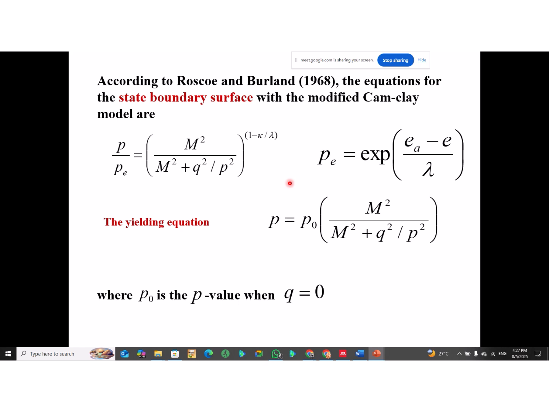So these are gradients of either the virgin consolidation line or the unloading-reloading line. You remember that?